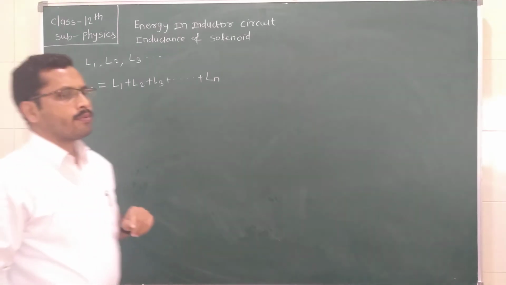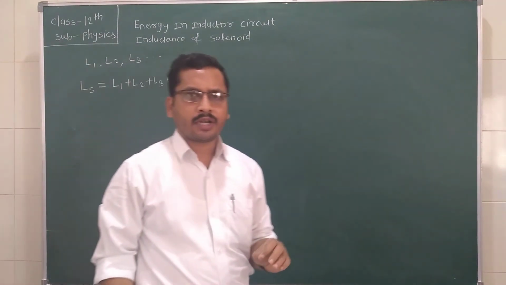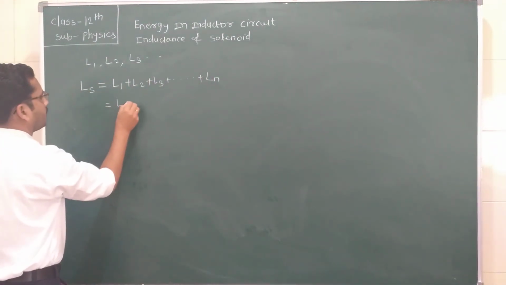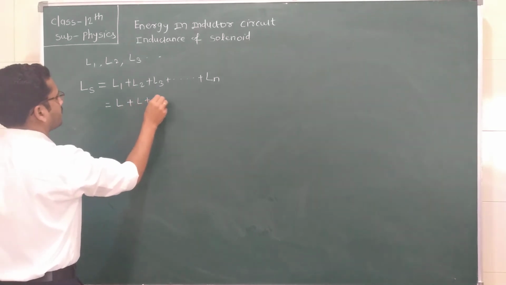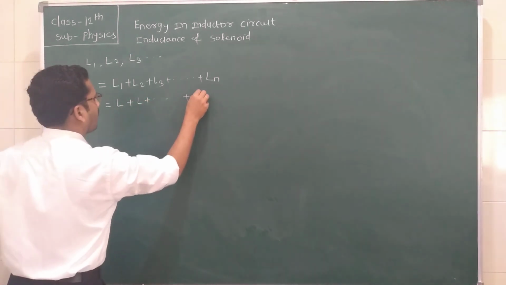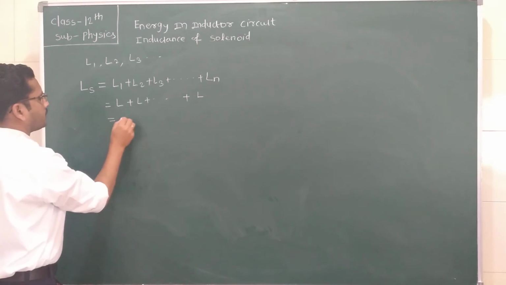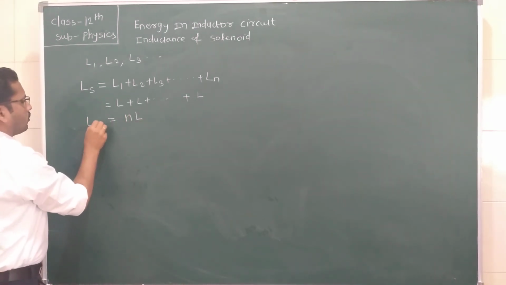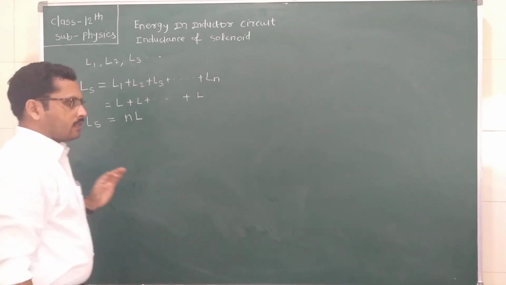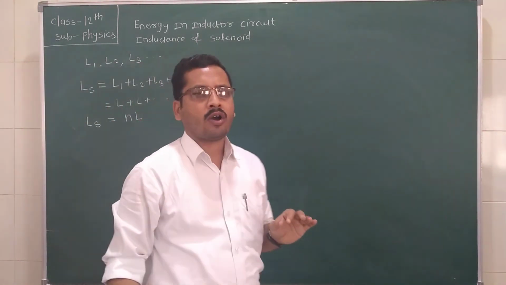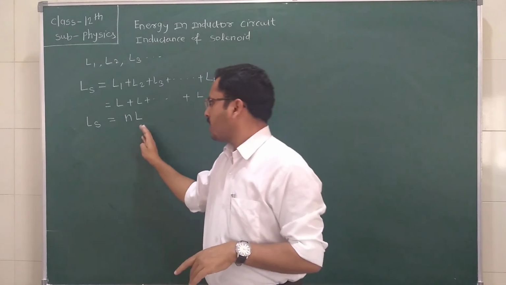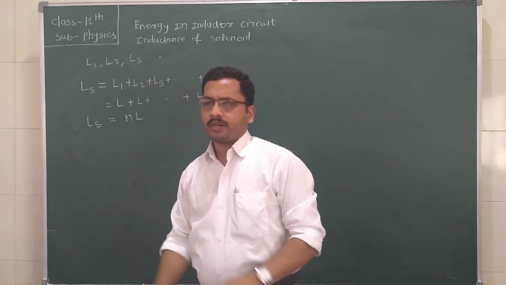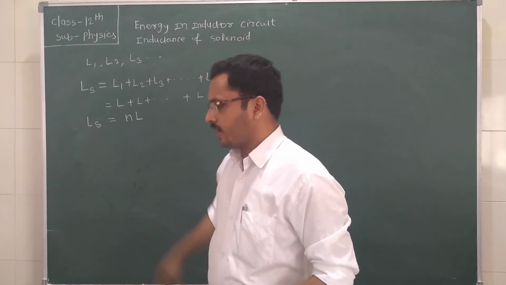If the value of each inductor is L, we can write this as L plus L plus L, but how many times? It is n times L, so it is equal to nL. So when inductors of the same inductance L are connected in series combination, the effective inductance Ls is equal to n multiplied by L.